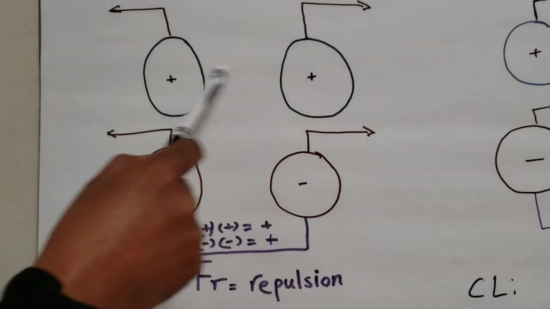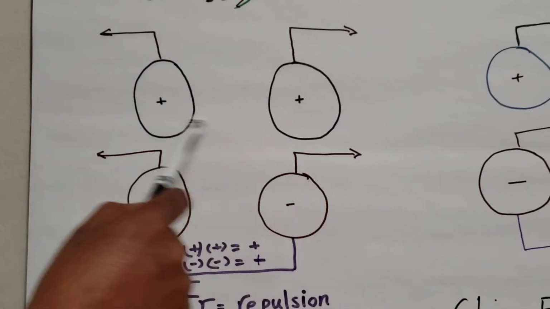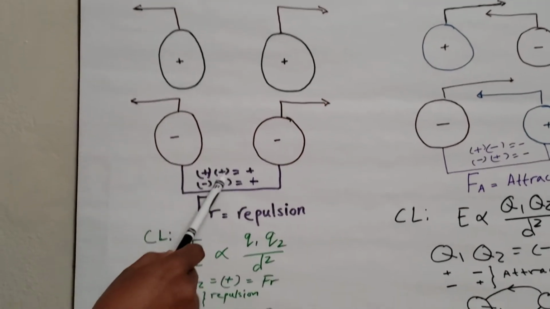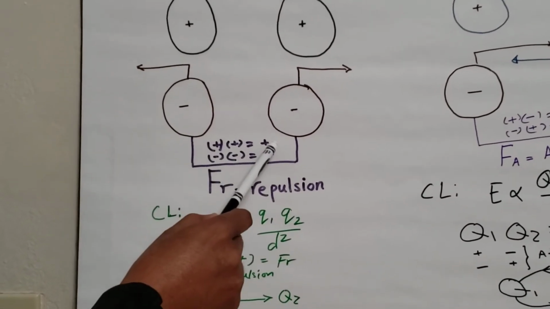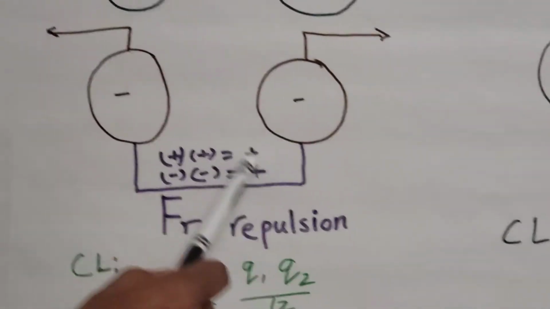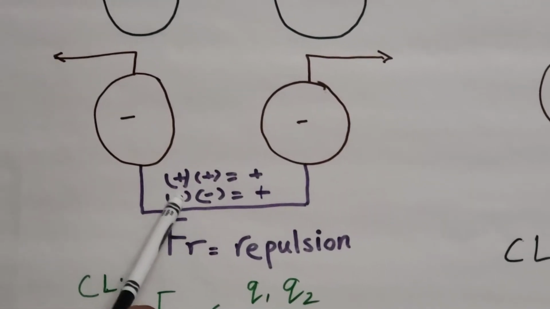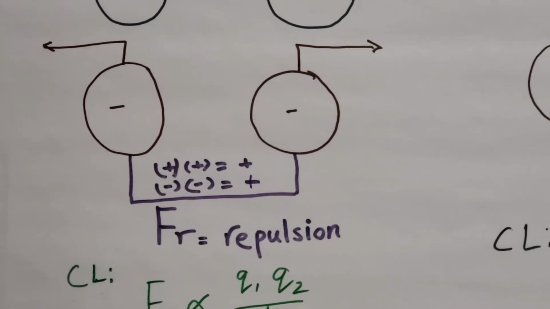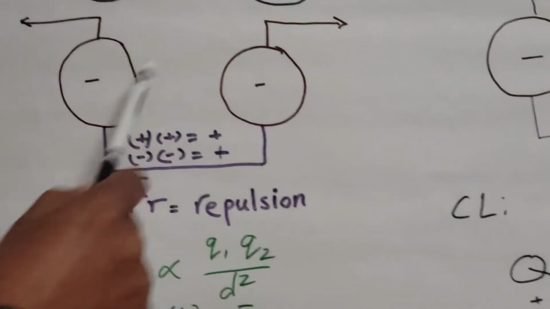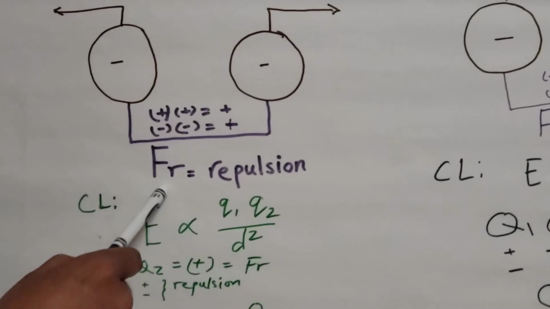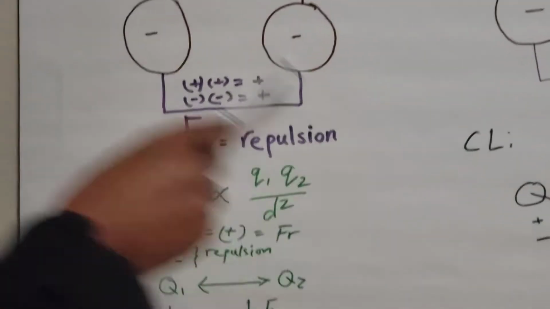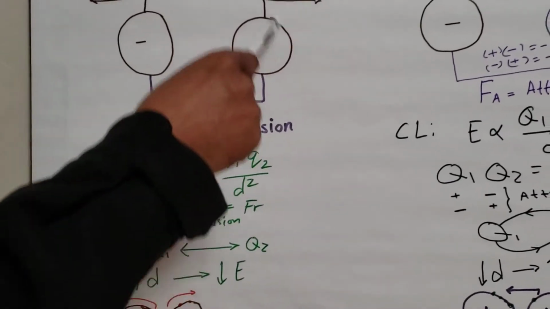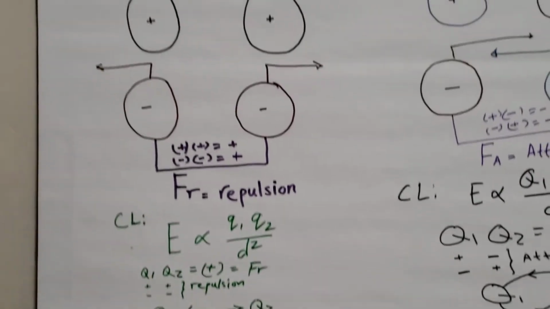The relationship between these charges is the same, right? Positive charges will interact with repulsive forces, and negative charges also repel each other. So the relationship will be F_R, where R means repulsion. Repulsive forces work between the same charges.